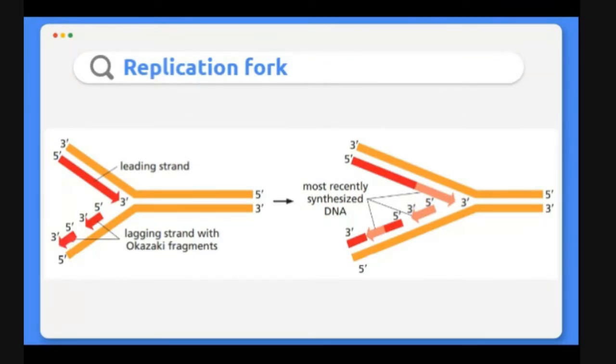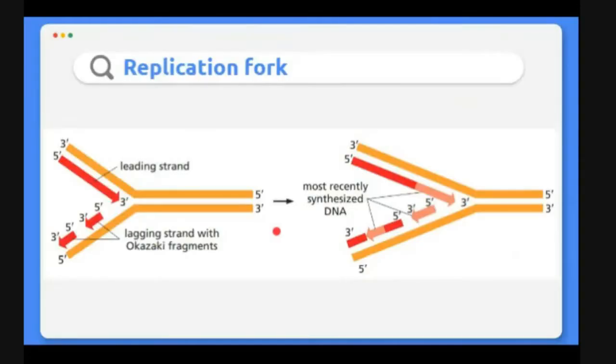So, 3' to 5' ito dapat. But then again, yung addition lang ng nucleotide bases mo, 5' to 3'. So, therefore, this strand, called your lagging strand, is synthesized in segments. Okay, and we will take a look at the chemistry behind the 5' to 3' mamaya sa elongation. So, initiation pa lang to.